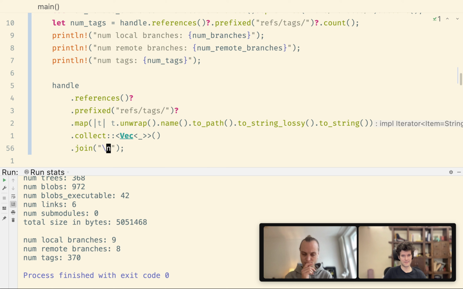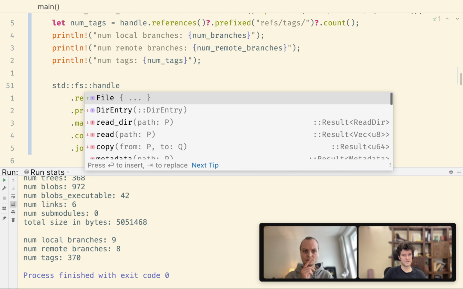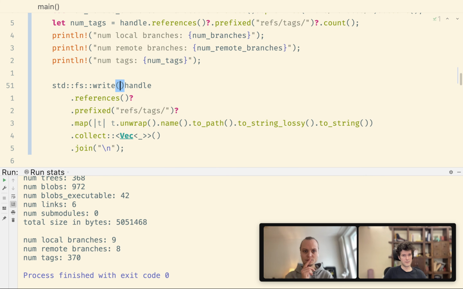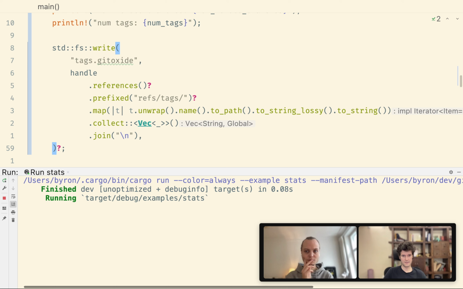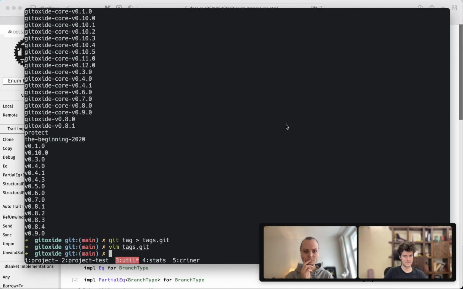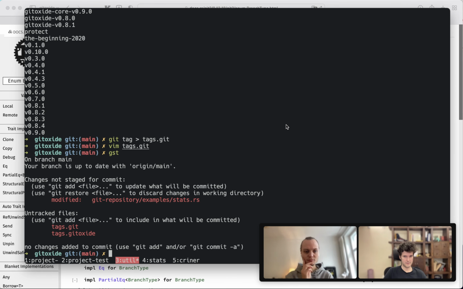And this is how I get a newline-separated file as a string that I can then dump into a file by just specifying the path. We call it tags.gitoxide, and here is that. That should write a file with what's in there, and we should be able to diff it. There it is, nice.